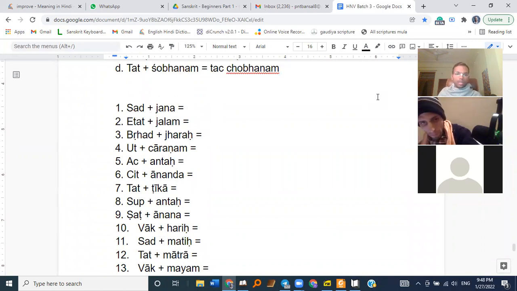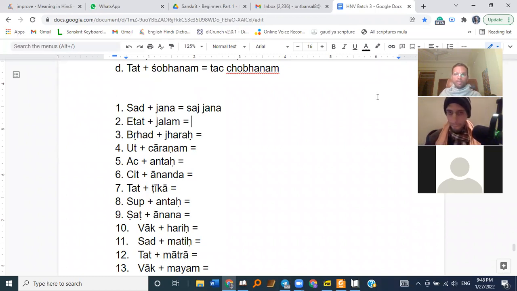So sad yukta jana, datau paravarnam la cha ta vargeshu nityam. So the da becomes ja and we get sajjana. Etat jalam, yukta jalam.